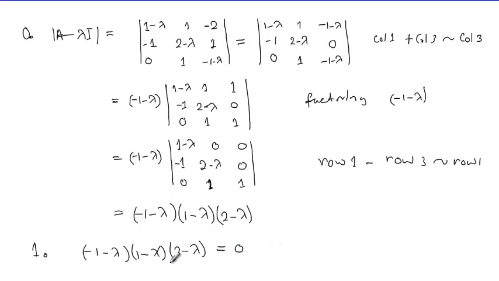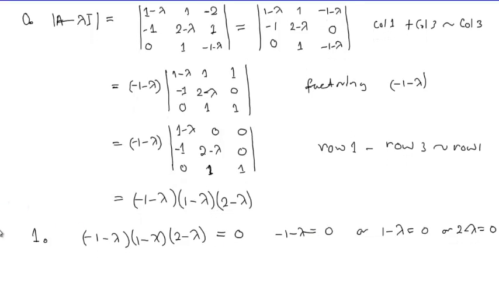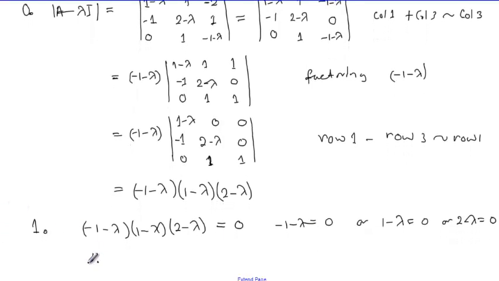Now, again, we can see that this will take us to the fact that minus 1 minus lambda is equal to 0, or 1 minus lambda is equal to 0, or 2 minus lambda is equal to 0, from which we can conclude that lambda 1 is equal to minus 1, lambda 2 is equal to 1, and lambda 3 is equal to 2, exactly as before.